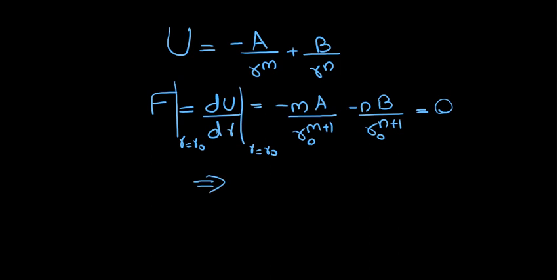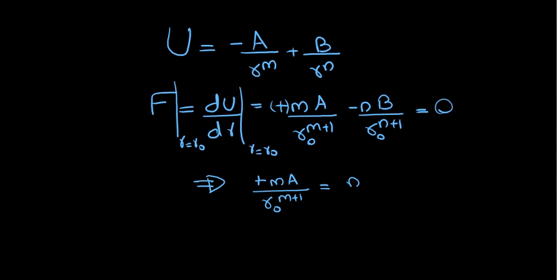So my objective is to write b in terms of a. So this is minus m a by r0 power m plus 1 is equal to, and this should be plus. Sorry, this is plus because this is minus m, so this term should become plus.